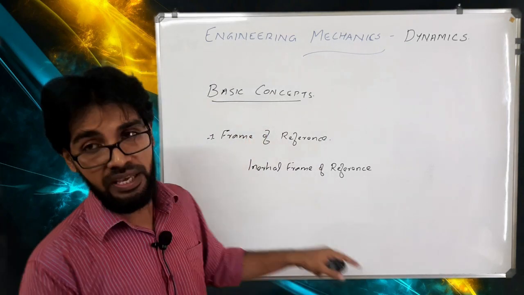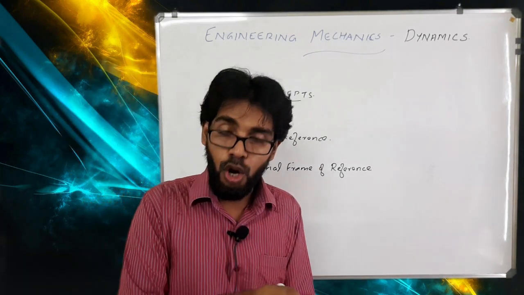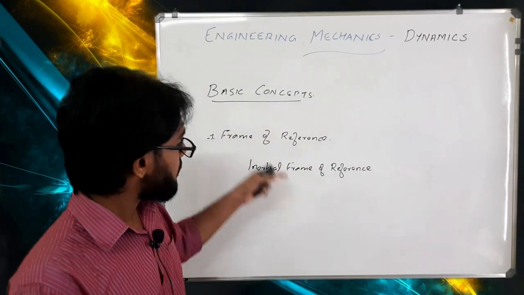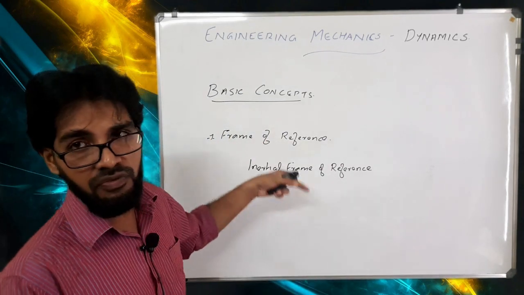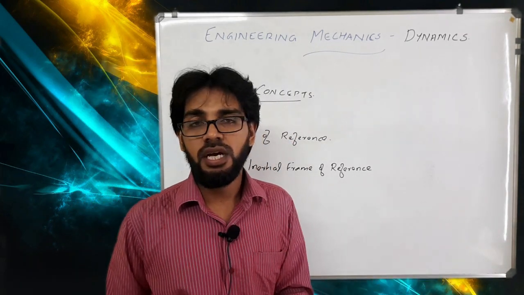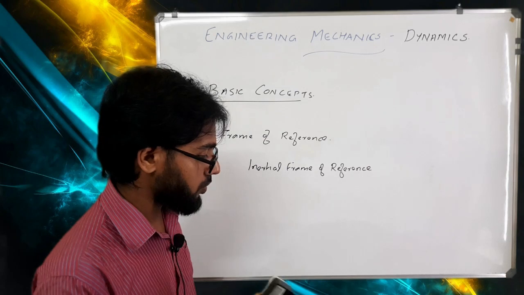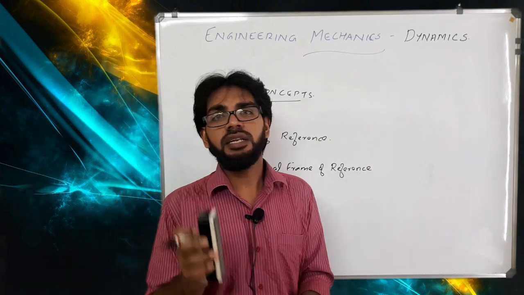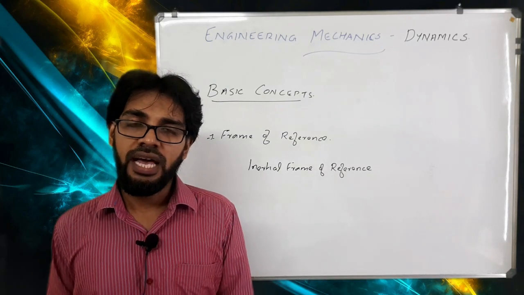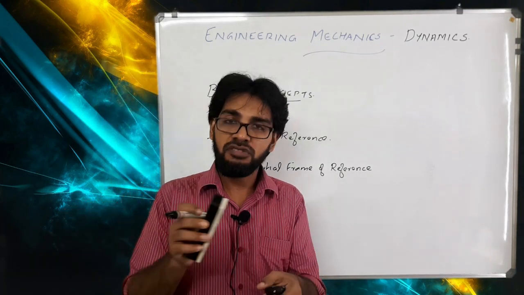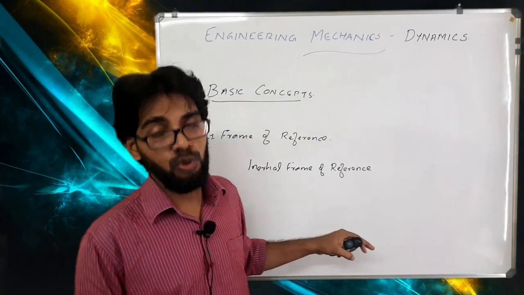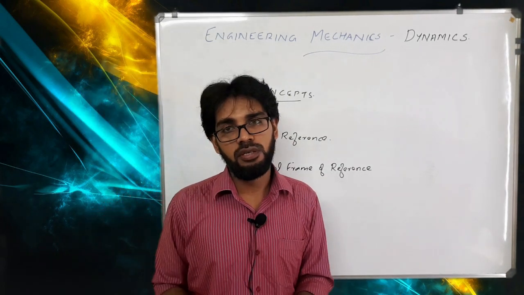Any inertial frame can either be at rest or can move at a constant velocity. We shall be discussing more about the frames of reference in the next lecture. But one thing you must remember is that in most design applications on the surface of the Earth, an inertial frame can be approximated by attaching the coordinate system to the surface of the Earth.